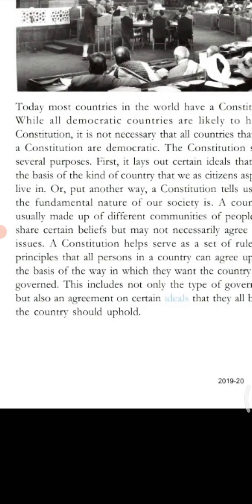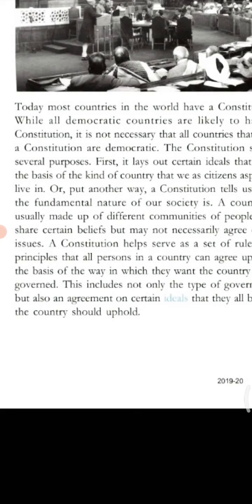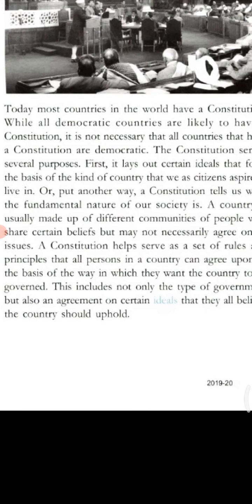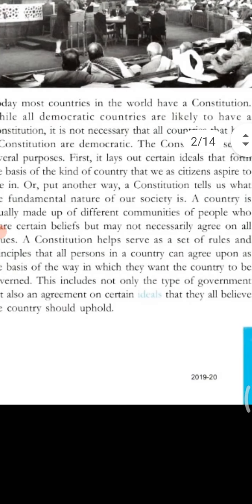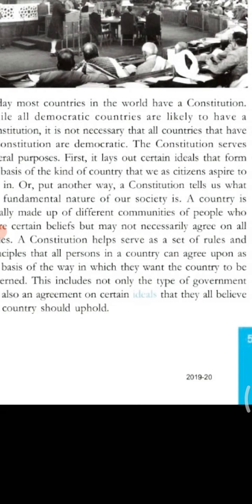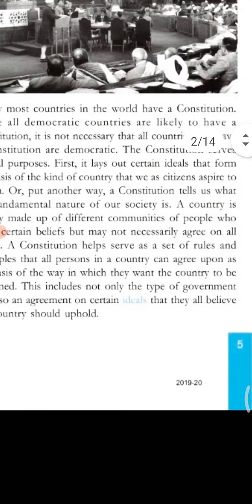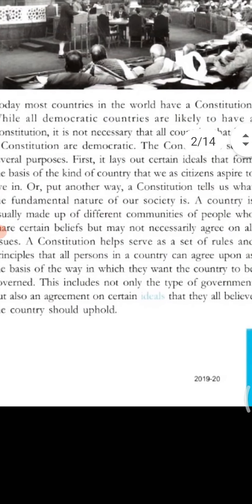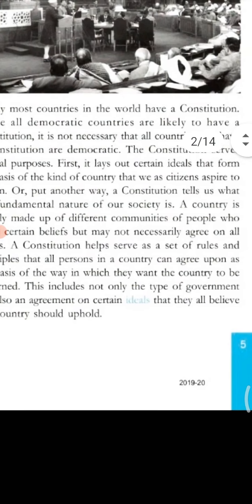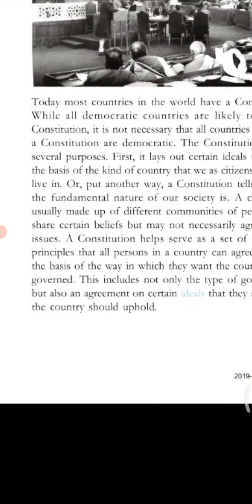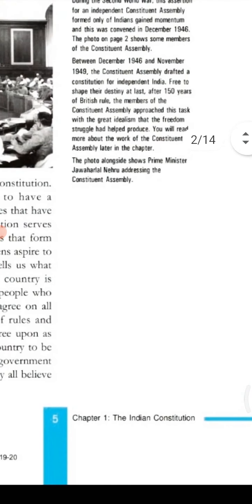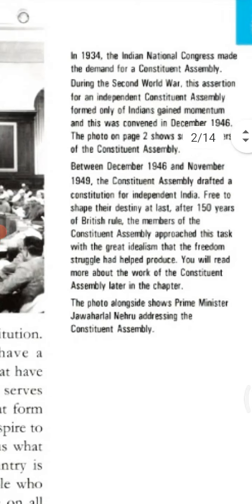After these rules have been formulated, all the people of our country agree that our country should be run according to these rules. Why? Because these rules have been formulated keeping the interests of all the communities in mind. This includes not only the type of government but also an agreement on certain ideals that they all believe the country would uphold.